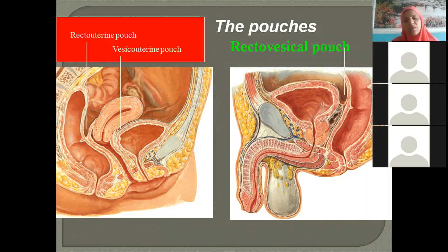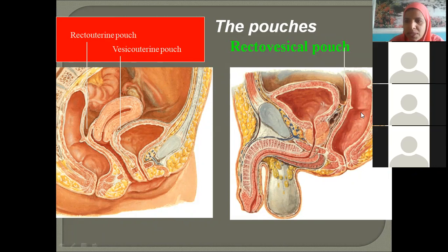What is the name of this peritoneal fold? Rectovesical pouch. Are you understanding or not? I took all 3 days for peritoneum so that you understand very clearly. Lokesh, what is the name of this structure? Urinary bladder. What is this? Seminal. This is rectum, beta.